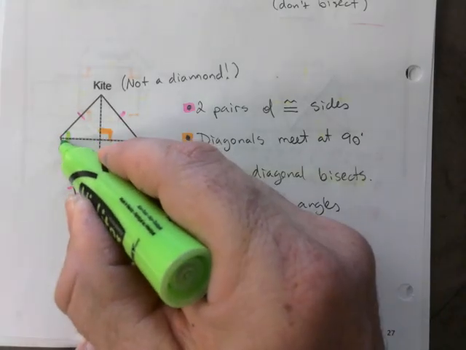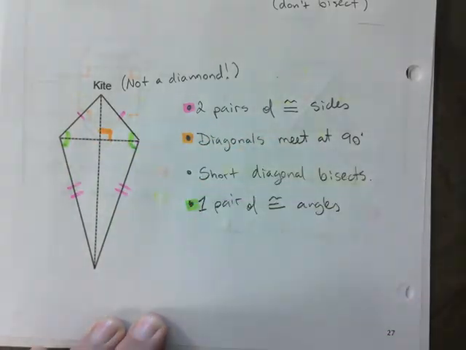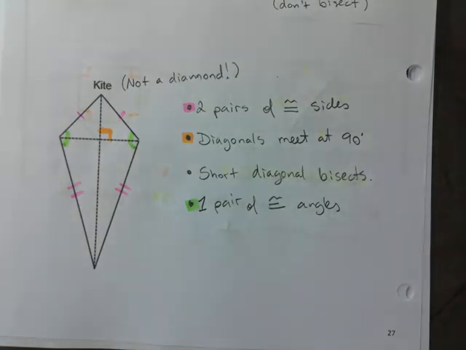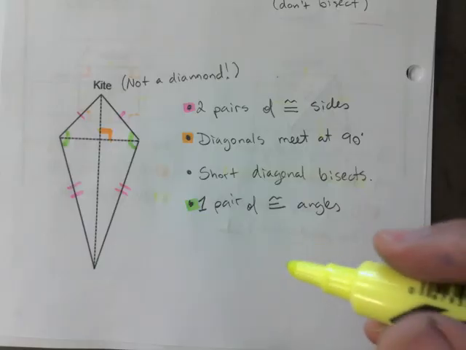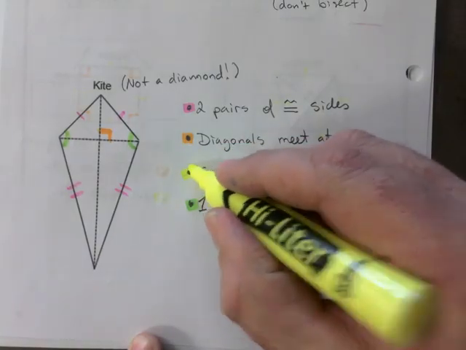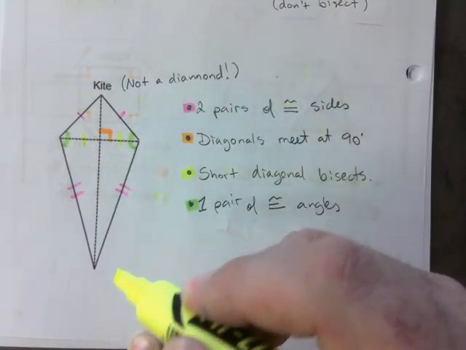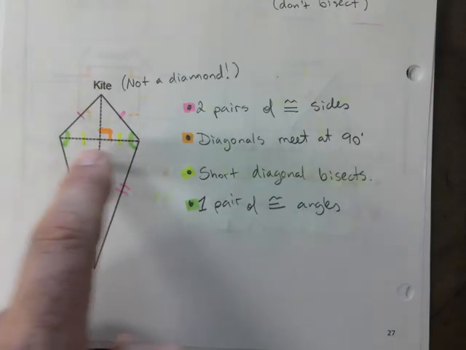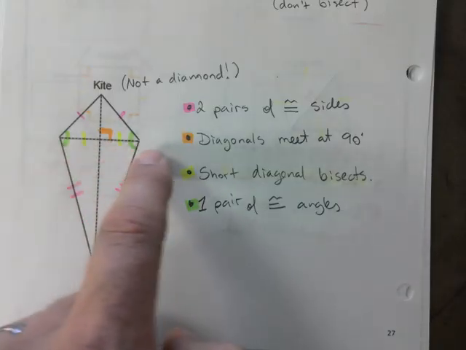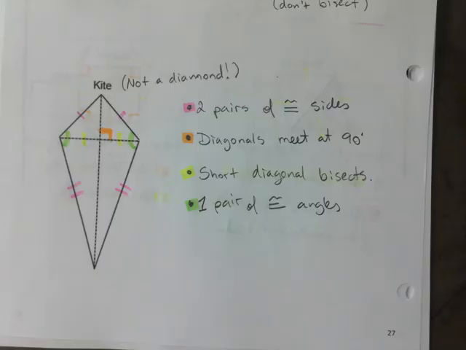It's this one and this one. Green isn't really a good color to use, eh? It's hard to see, but it is what it is. And short diagonal bisects. So I'm going to use yellow here. Whatever color you have, right? Like you just want to make sure you understand that this short one here is cut in half, not the long one, okay?